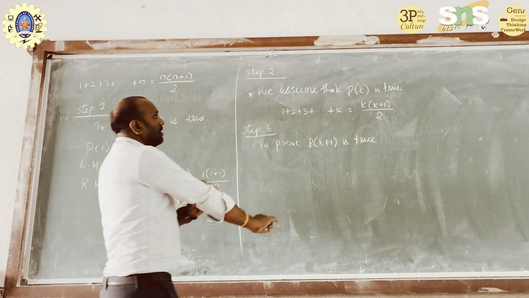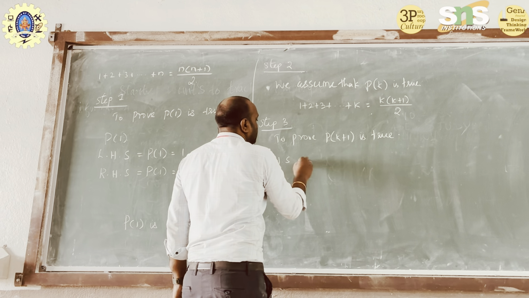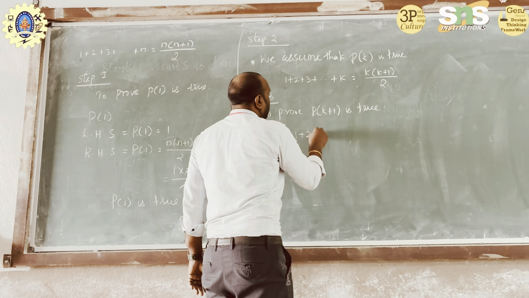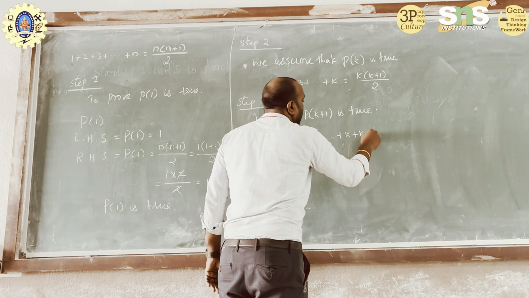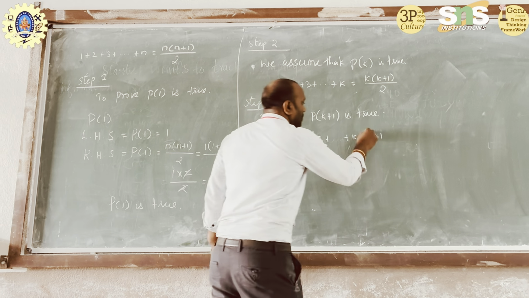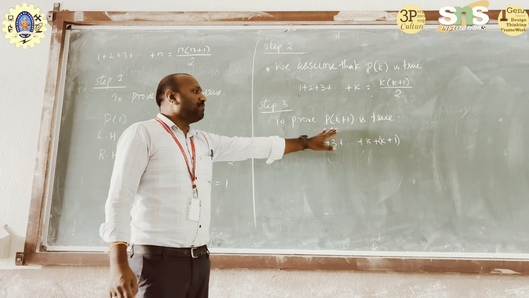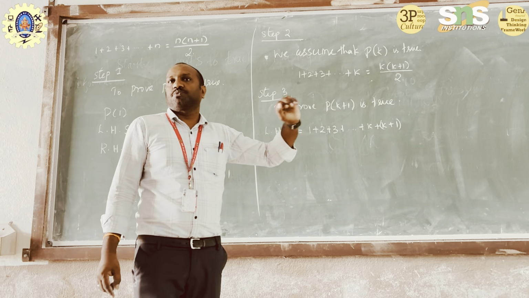Let's see that P of k, then the LHS is equal to 1 plus 2 plus 3 and so on plus k plus 1. So we have to prove that P of k plus 1. So we'll take the values up to k plus 1.